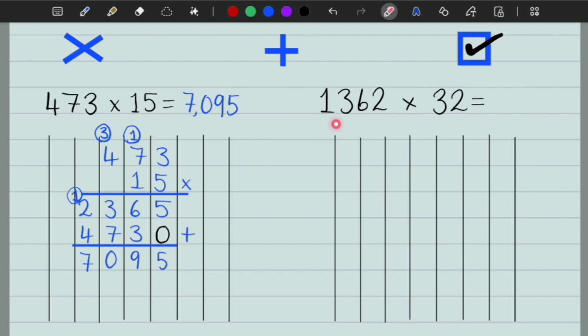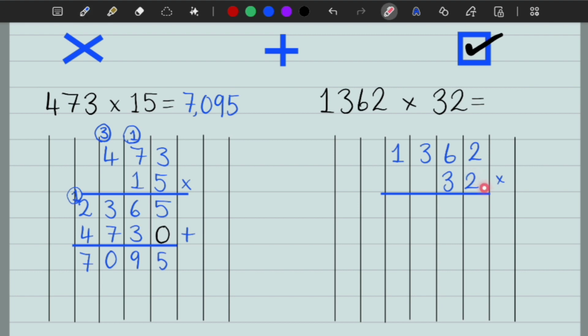So I've got 1,362 multiplied by 32. So I'm going to get that into our column method. 1,362 multiplied by 32. Okay, draw my straight line underneath. And then let's get started.